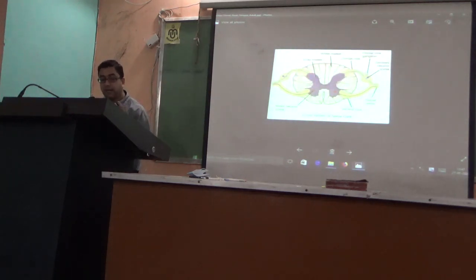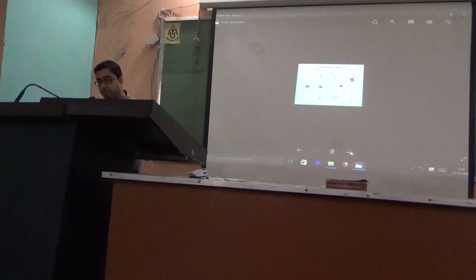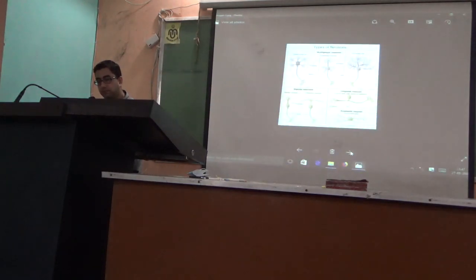Then classifying neurons based on the pattern of dendrites. I have a picture for that. You see the patterns of the dendrites. They are so beautiful looking. So what are these patterns like? They can be pyramidal cell type and stellate cell type. These are pyramidal cells.